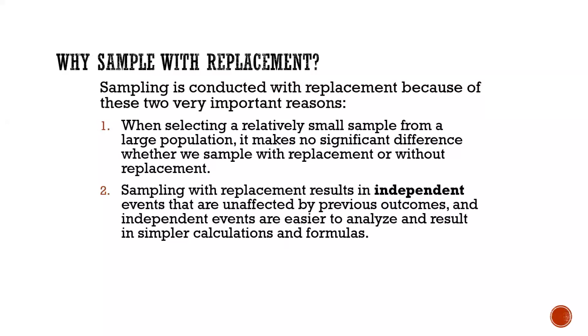Sampling with replacement results in independent events, which is the assumption that undergirds everything I've done in this chapter. Now, when we take a sample, we typically don't sample with replacement. But that's okay, because the population has to be big enough that you don't have practical access to it. So if your sample is less than 5% of the large population, you can treat each selection as independent, even if you're doing it without replacement.